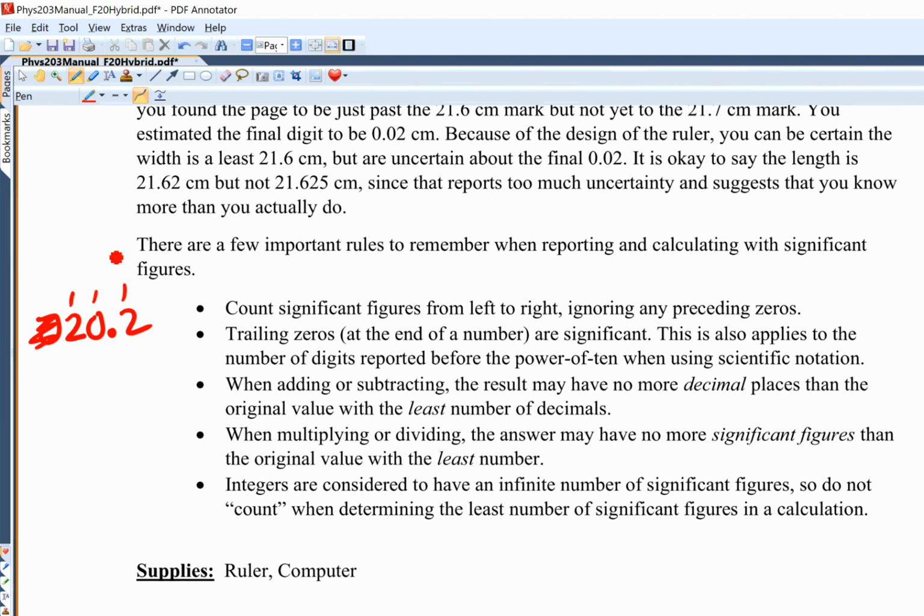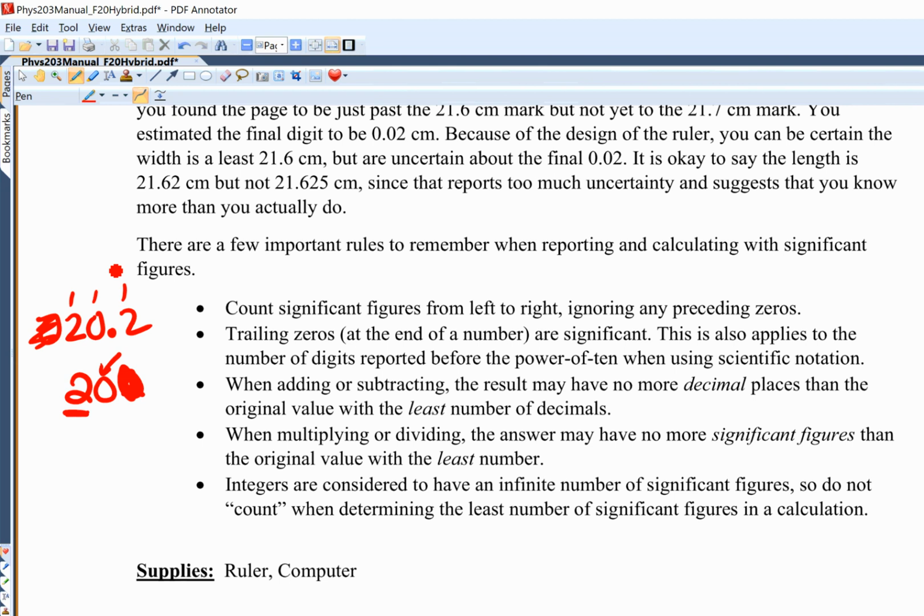Trailing zeros at the end of a number are significant. This also applies to the digits reported before the power of 10 when using scientific notation. This is sort of true and sort of not true. So if I have a digit that is 202, or excuse me, let's just do 20. If I have a digit that's just 20, this is a significant digit, but is this a significant digit? Not significant.